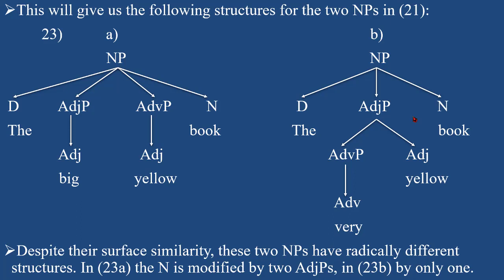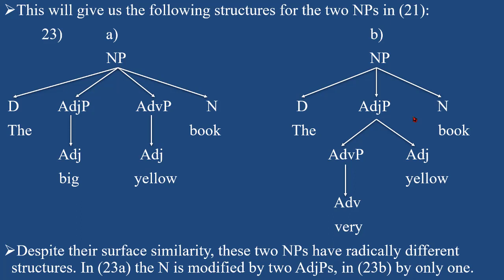In this tree, "very yellow" shows why "very" doesn't modify "book". Because it is a sister to "yellow", it modifies "yellow". The tree shows this case very well. Now we know why "very" doesn't modify "book": it modifies "yellow" because it forms a constituent with it. "Very yellow" is one constituent.